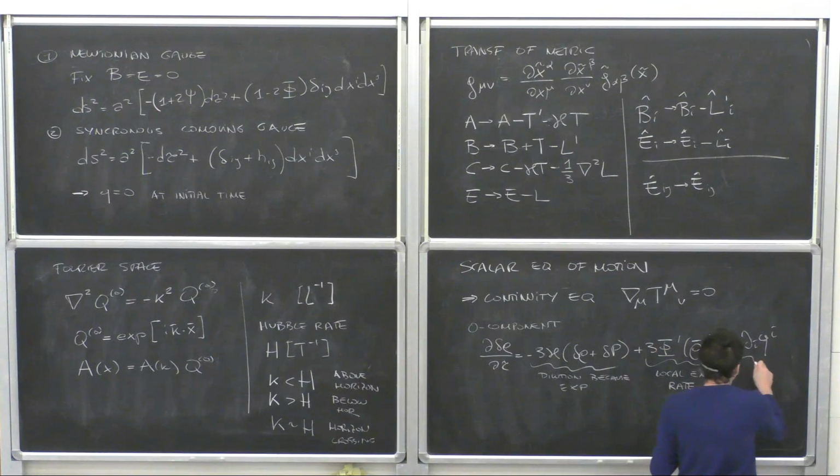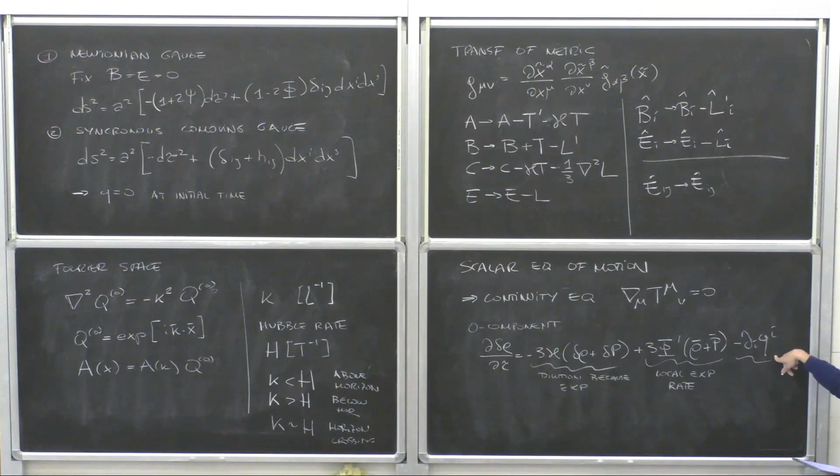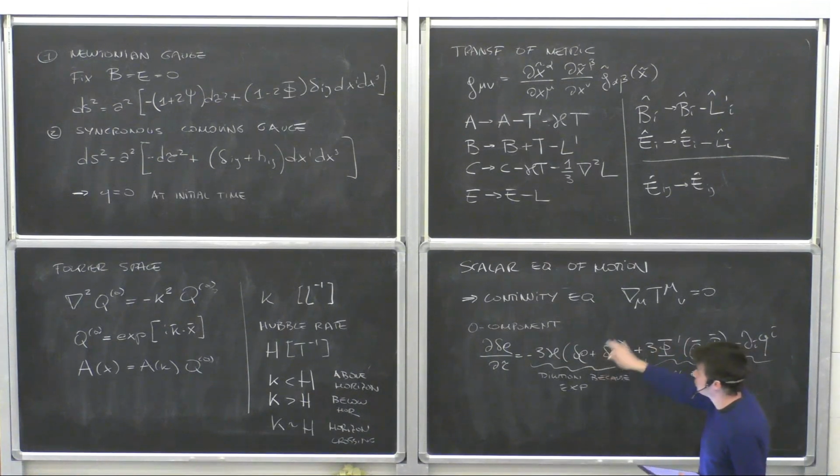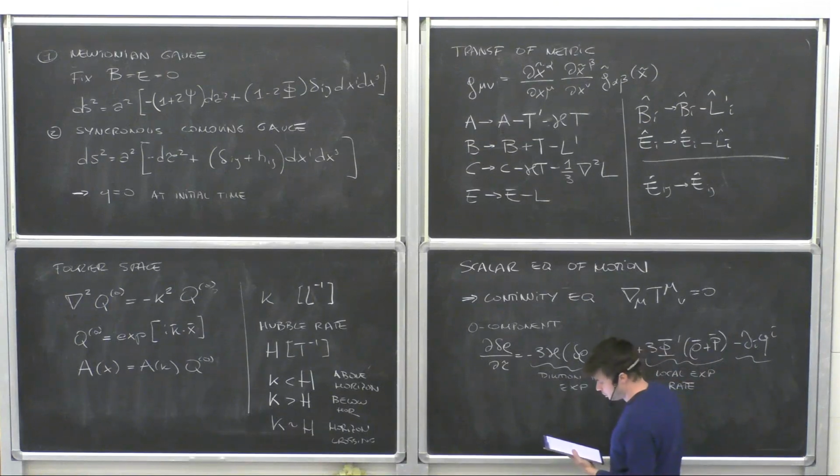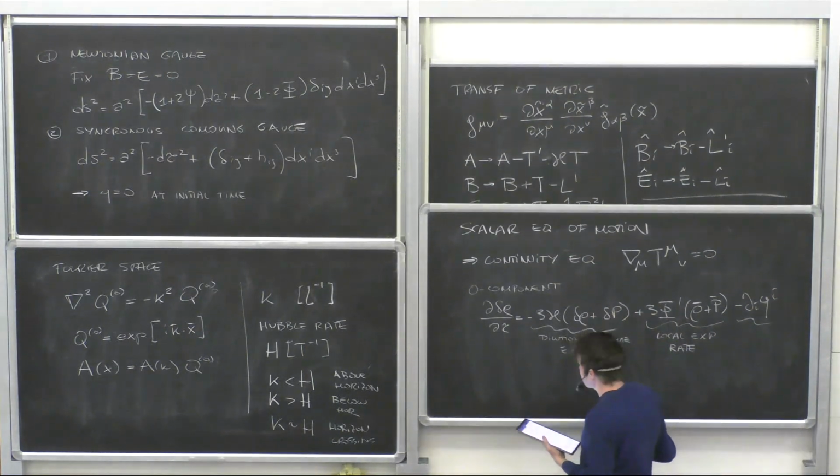And now this is the easiest of the terms because this is the usual fluid dynamics term. This is just local fluid flow. This is what you get in every dynamical equation. These two terms are extra because of the expanding background.